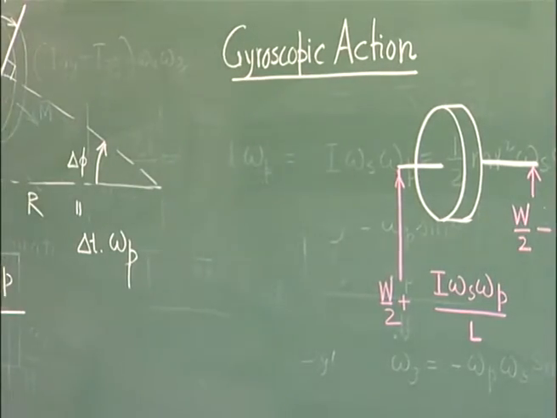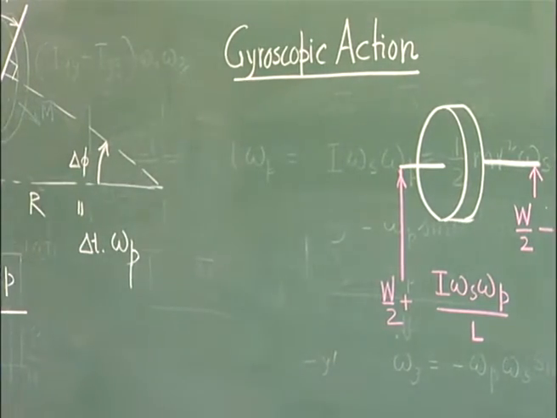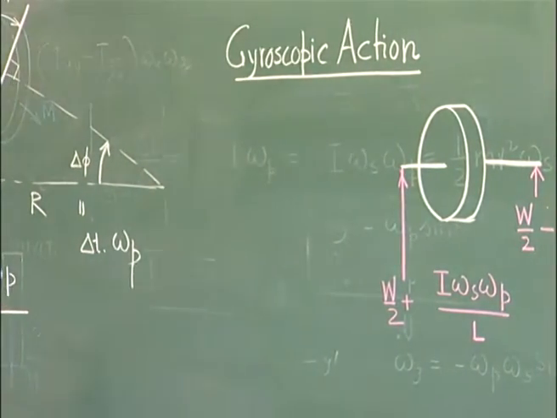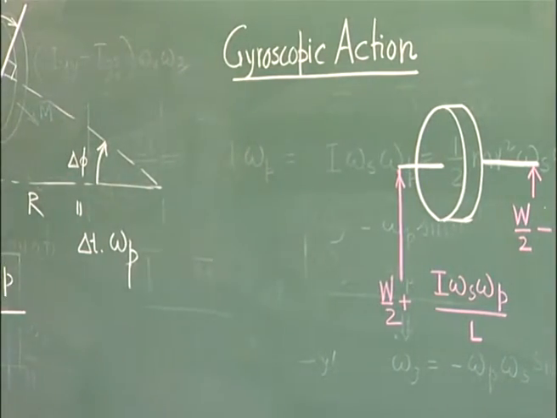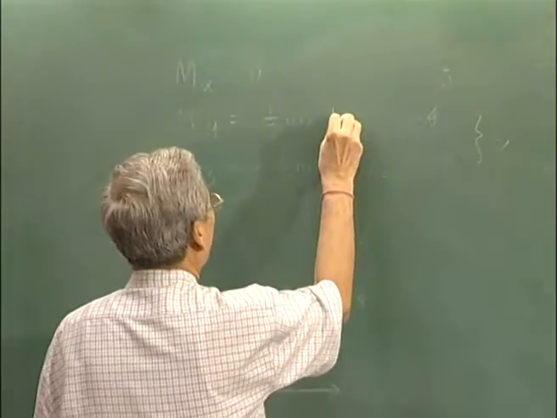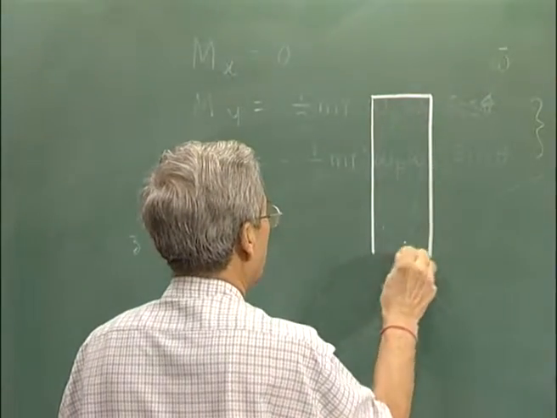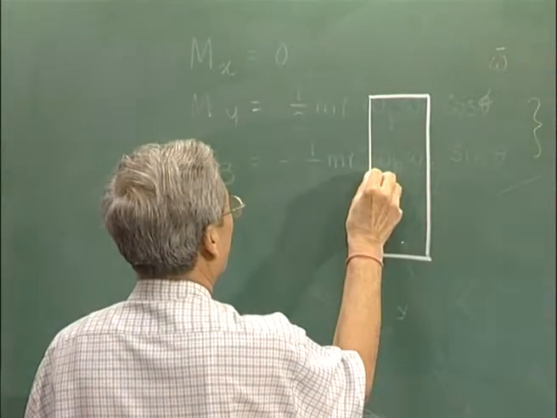This can also be used effectively sometimes. One very popular usage of this is the crusher, where this effect is effectively utilized. So if we take a crushing machine, this is the crusher.